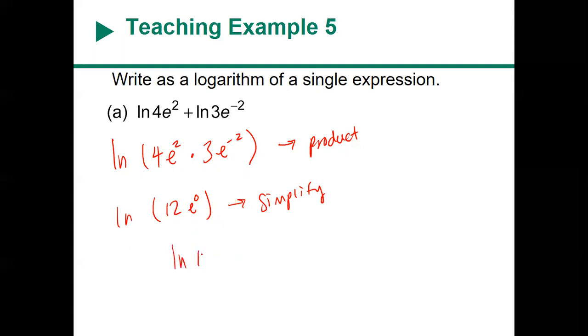So I'm just going to be left with the natural log of 12. Well, we did e squared times e to the negative 2, and 2 plus negative 2 is 0, and anything to the 0 power is 1.